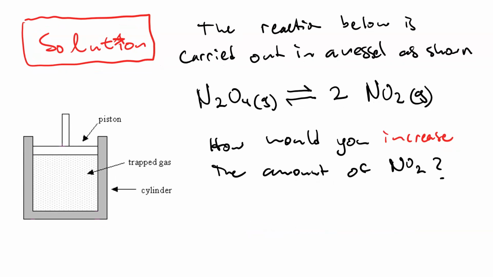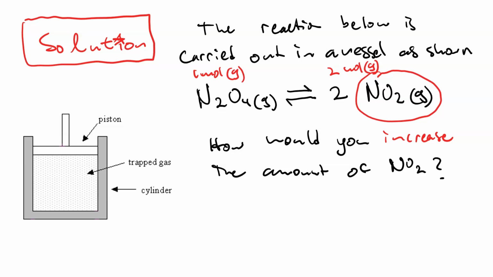So to solve this question, we look, where is the NO2? It's on the right-hand side of the equation. Now, is that the side with more moles of gas or fewer? Well, we've got 1 mole of gas on the left and 2 moles of gas on the right.